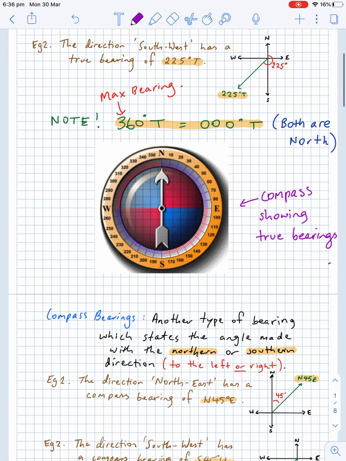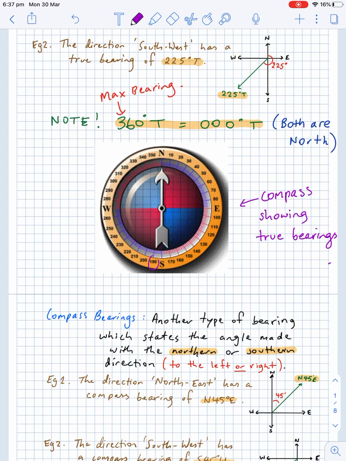Okay, here's another way of thinking about it. Here's a compass that shows all the true bearings going around. As you go in different directions, as you go more and more around, the bearing gets bigger and bigger using these numbers here. If you want to go in an eastern direction, it's a bearing of 90 between the 80 and 100.